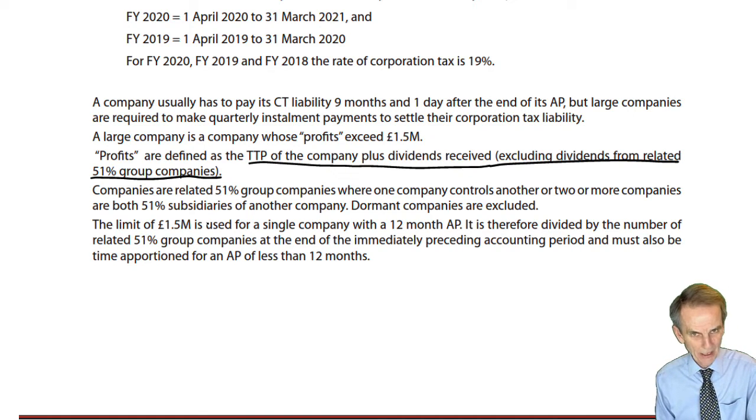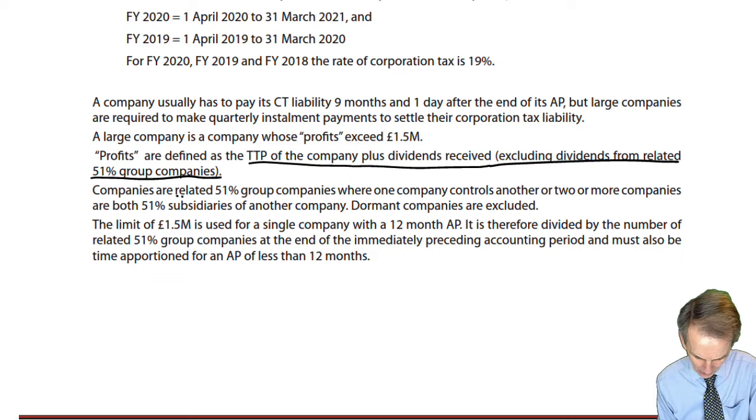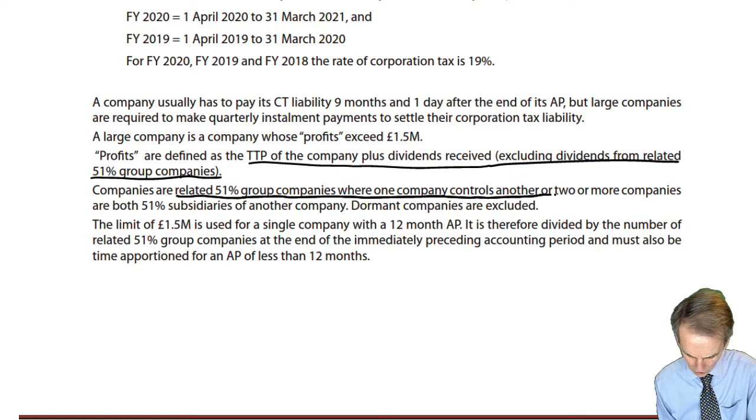Related 51% group companies. Companies are related 51% group companies where one company controls another, or 2 or more companies are both 51% subsidiaries of another company.